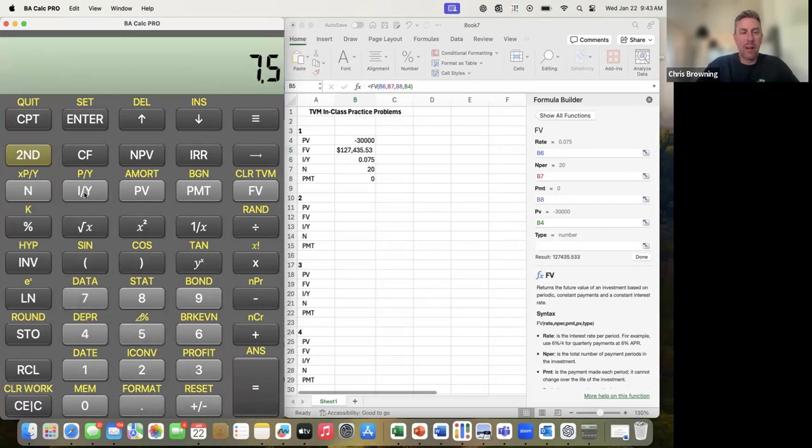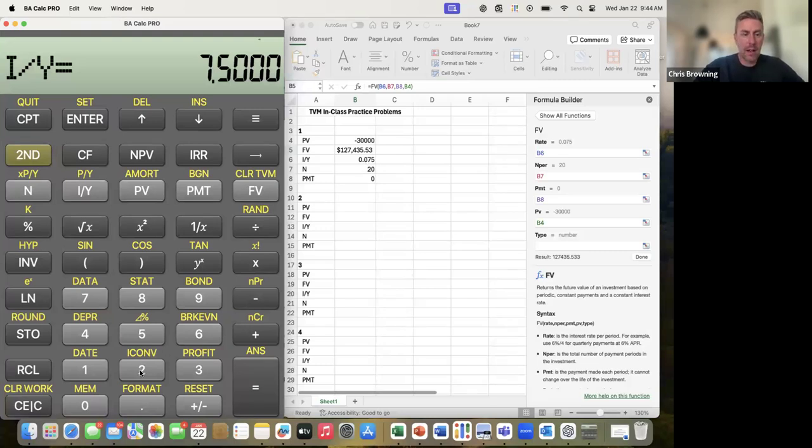I can say that 7.5 is my IY. All right, now notice that's different in the calculator than what we did in Excel. In Excel, we entered a percentage, right? 0.075 for 7.5%. In the calculator, we entered a whole number, 7.5, to represent IY. Don't get these confused. That's a difference between the calculator and Excel. Calculator takes whole numbers, Excel takes percentages.